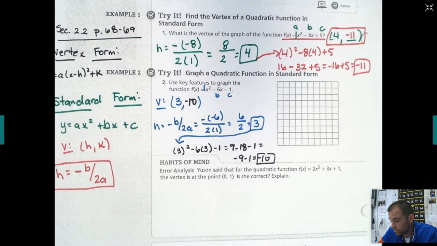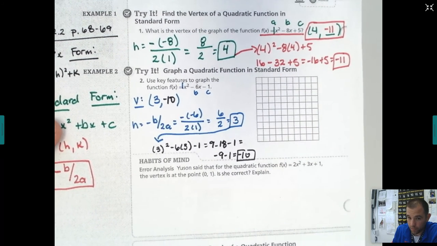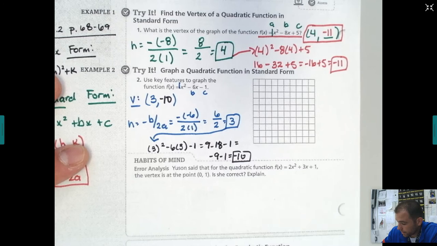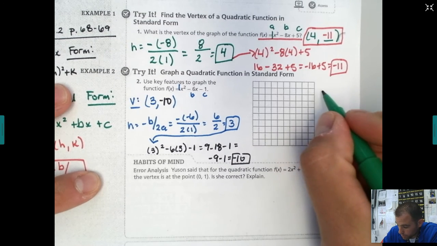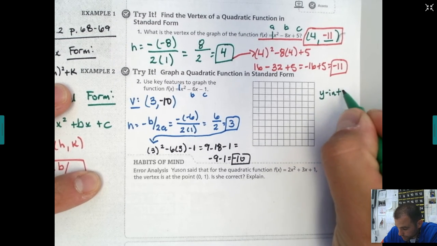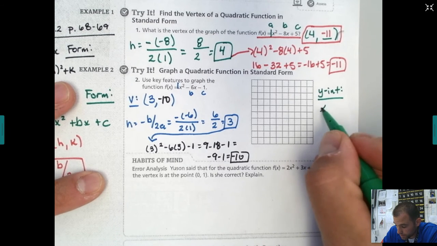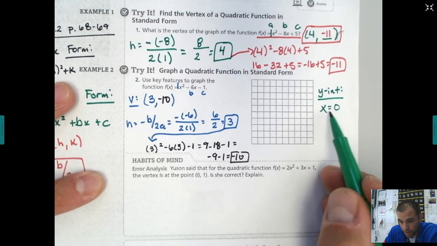There's one other thing that I need in order to make the graph as accurate as possible, and that is going to be the y-intercept. I'm going to write it over here on the side. Kind of running out of room on my sheet. To find the y-intercept, like we talked about in the very first day of this class, you put 0 in for all the x's.